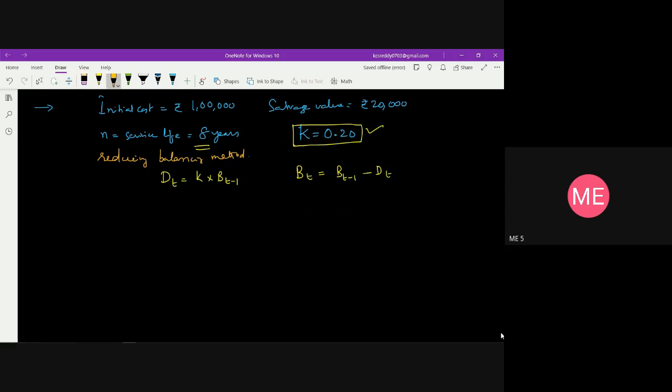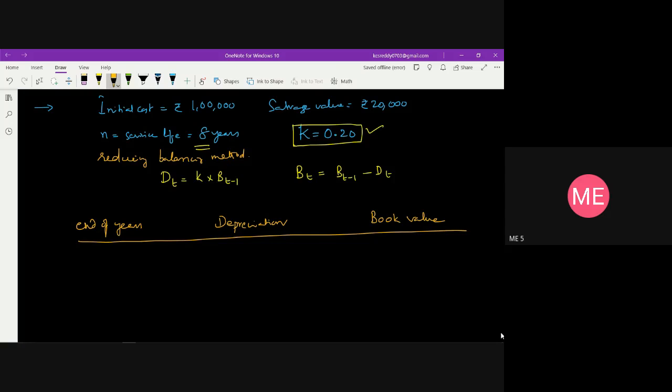So by using this reducing balance method, for the end of year one, we have the depreciation, one more column of this table, and then the book value at the end of every year we need to find out.